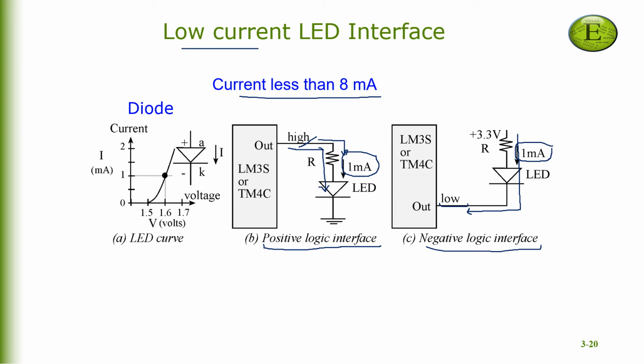That's the low current LED interface. If the total current is about 8 milliamps, this circuit should in principle work fine, both in the positive and the negative logic.